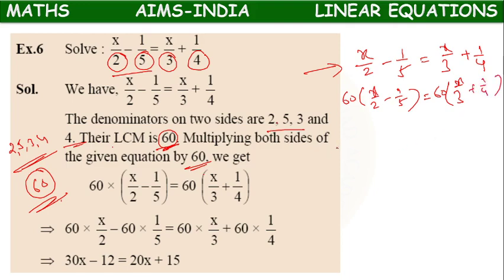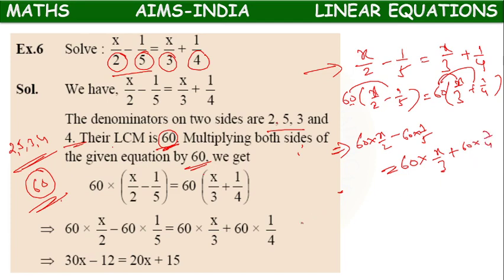Then we can multiply separately: 60 into x by 2 minus 60 into 1 by 5 equals 60 into x by 3 plus 60 into 1 by 4.